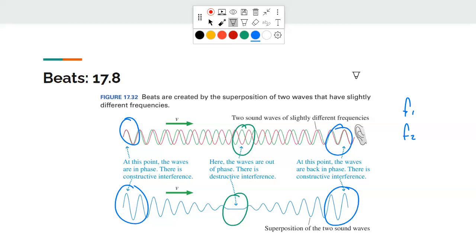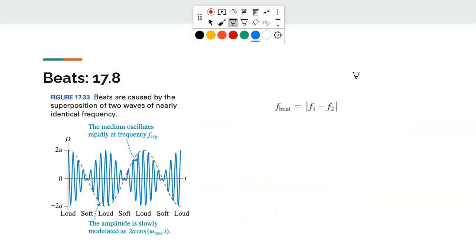And then we keep on going, and again, they'll come back into phase, and we'll hear another constructive chunk of the wave. And so the thing that we actually observe when this happens is we observe the constructive interference occurring at some point. We observe the destructive interference happening at some other point. And so you can see that there's some envelope we can draw, which is this red dashed line that's going to be itself a sinusoid, but just with a much longer wavelength, okay, a much lower frequency.